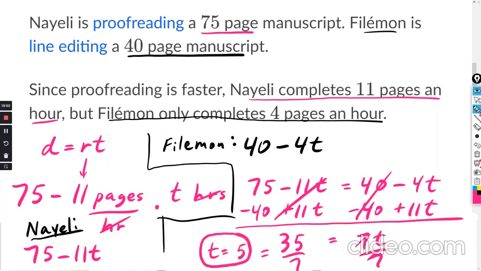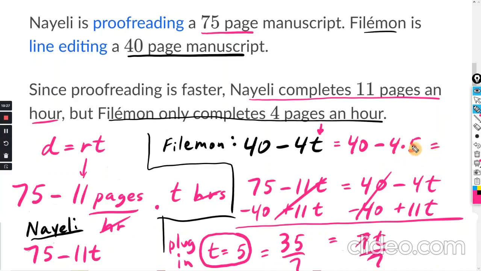Now, they didn't ask for the time, they asked for the number of pages. So what you have to do with that t equals 5 is plug it in. Okay, you can plug it into either one because they're equal. So I'm going to plug it in right here, and that's going to be 40 minus 4 times 5.